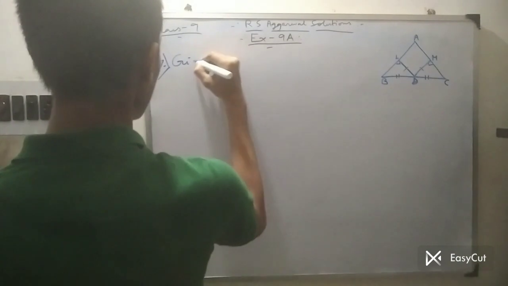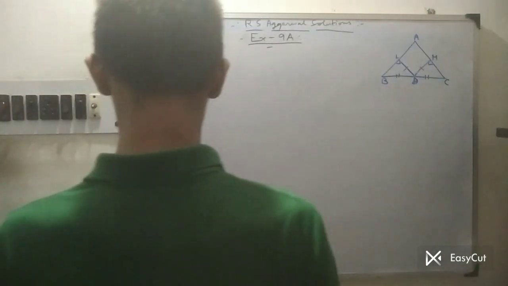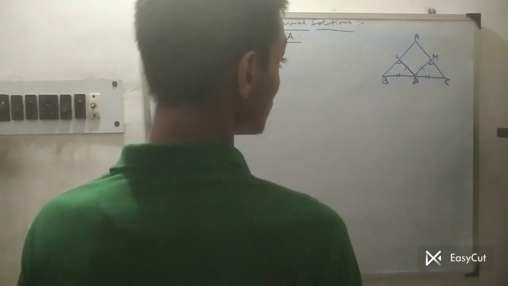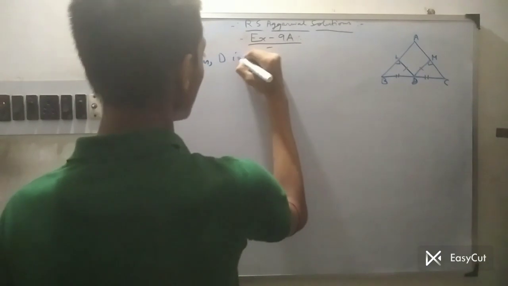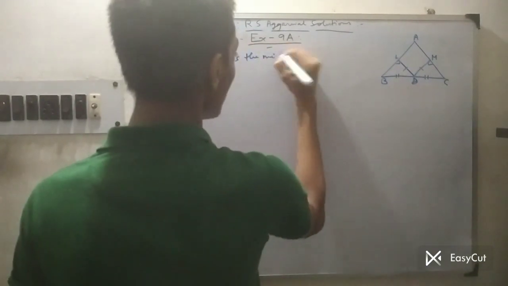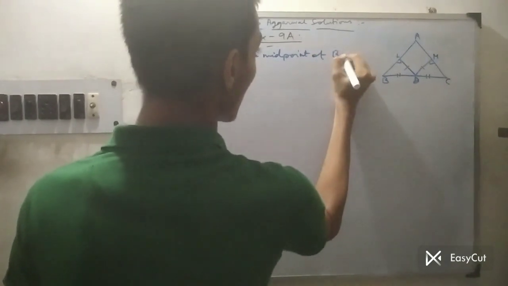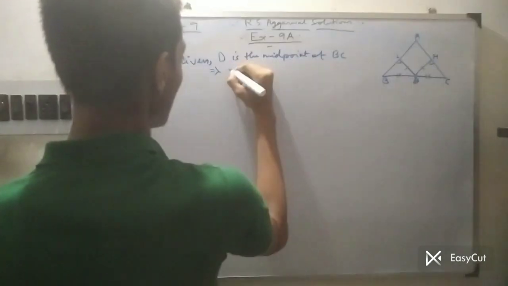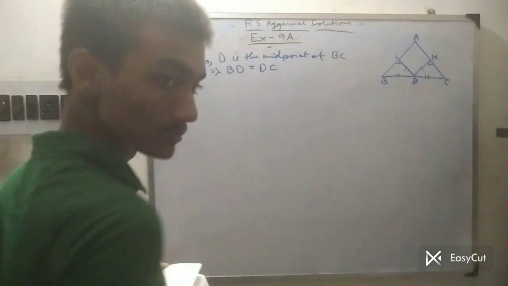Firstly, what we will write are the things given to us in the question. D is the midpoint of BC, that is, BD is equal to DC.